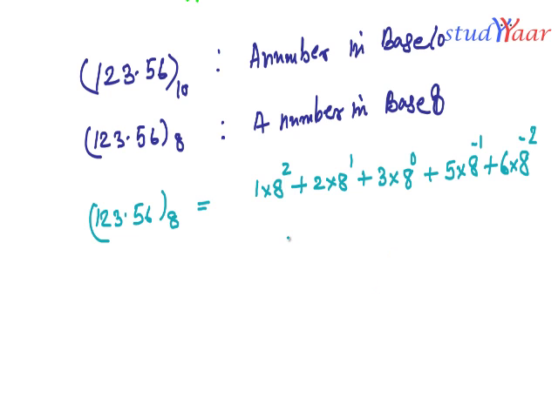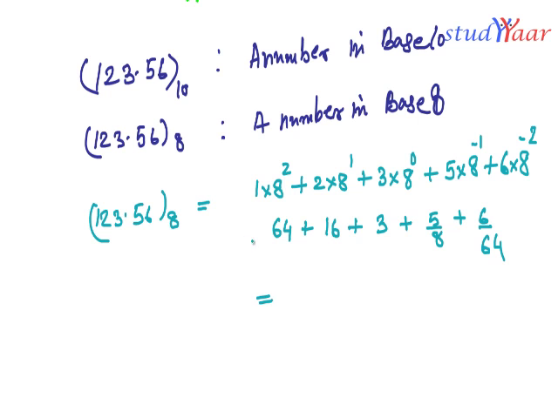Okay, so this is going to be 64 plus 16 plus 3 plus 5 by 8 plus 6 by 64.